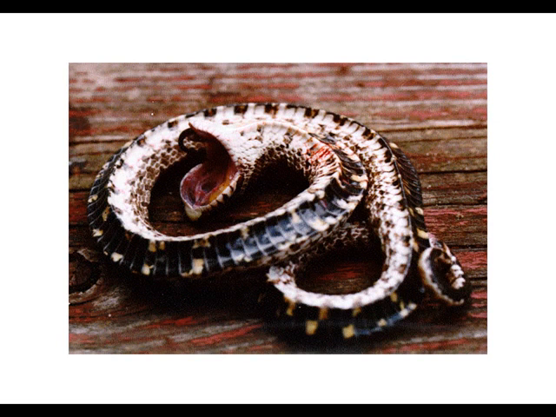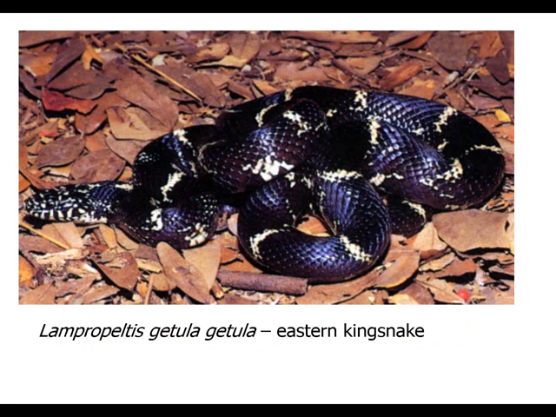We have a number of king snakes, which are great snakes to have around. This is the eastern king snake, Lampropeltis getula. At least that's the way I pronounce it. The king snake is quite large. They can be 6-7 feet long.